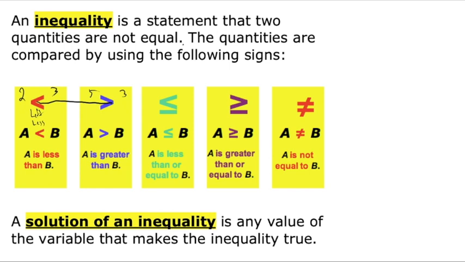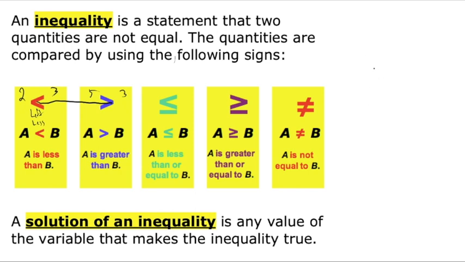In math, we typically are looking at these quantities and comparing them with an unknown. Something that's not known is greater than something else that we do know, or less than. So we need to be able to represent this with some kind of solution of an inequality, which is basically any number for that variable that makes it a true statement.